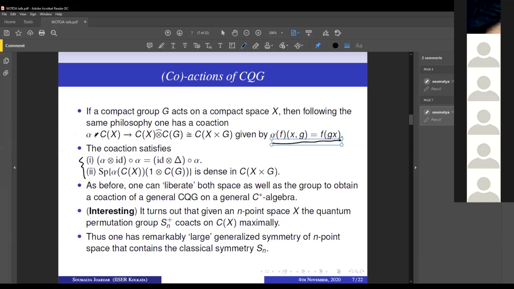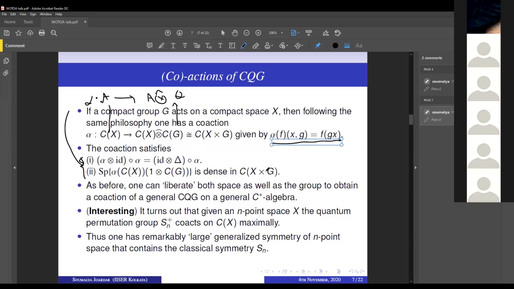We have a unital C*-homomorphism alpha from, let's say, a C*-algebra A, replace C(X) by A, replace C(G) by Q, so we have alpha from A to A tensor Q such that alpha satisfies these two conditions. Here also you have to replace C(X) by A and C(G) by Q. Okay, so this is a similar philosophy, the recurring philosophy, and I think many of you have already seen this in some of the previous talks.